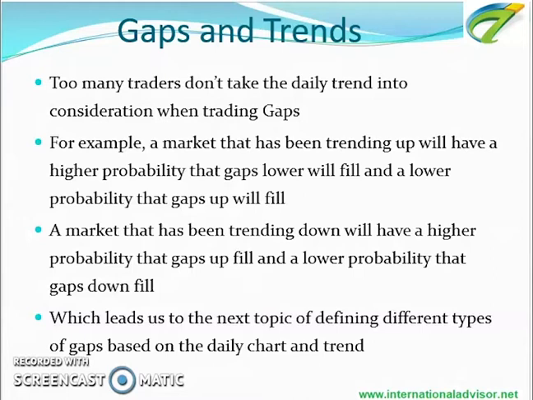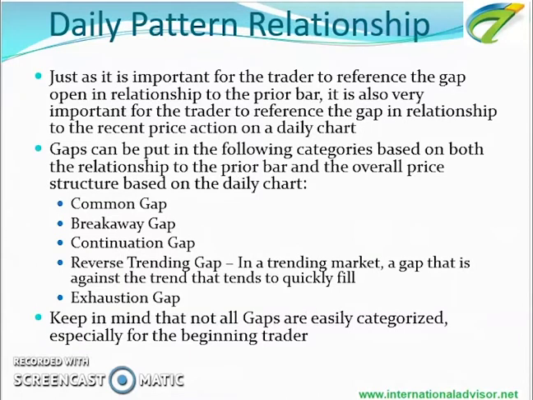A market that has been trending down will have a higher probability that gaps up fill and a lower probability that gaps down fill. Which leads us to the next topic of defining different types of gaps based on the daily charts and trends. Now this is a very important slide.